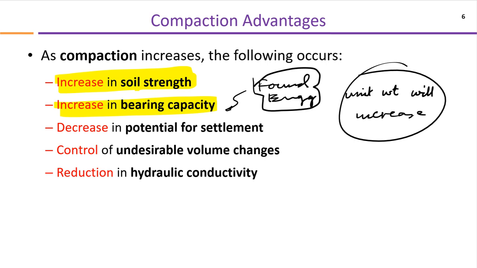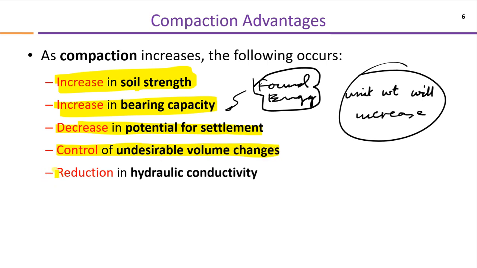And when we have applied energy and the soil is compacted, the chances of settlement are going to decrease. It will have less settlement, and the volume changes are going to be reduced, because whenever water goes into the soil, it is going to swell, and when water moves out of the soil, it is going to shrink. So that swelling and shrinkage is going to reduce.